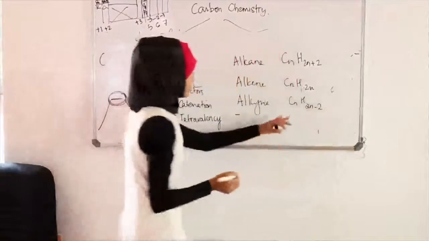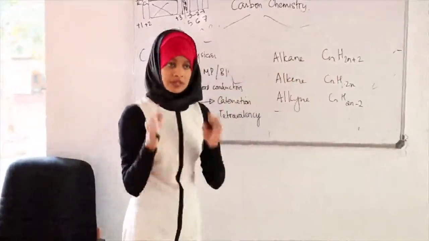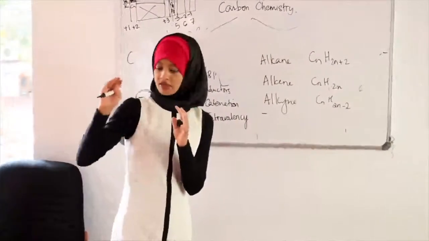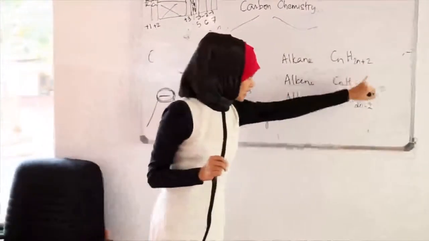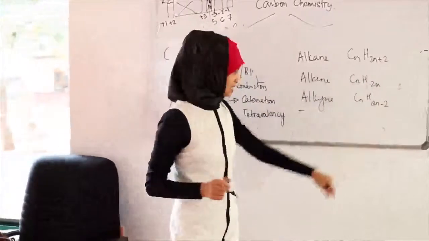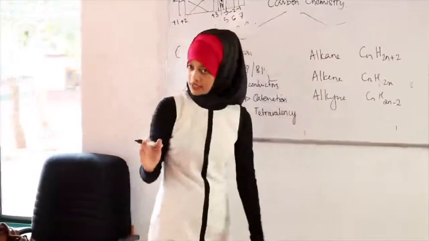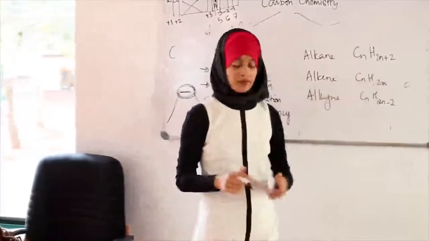You know why the difference, right? As the number of bonds between carbon is increasing, the number of hydrogen will decrease. So here it's plus 2, here it's plus 0, here it's minus 2. So that's the difference. But there's one more group that has only single bonds, but it has this formula. How is that possible?